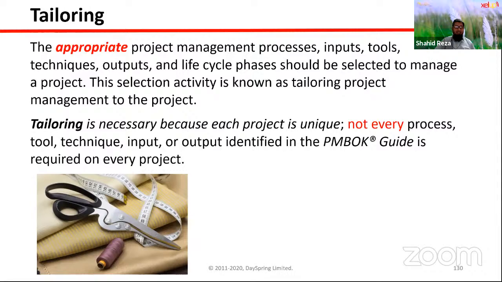There is no hard line that you have to use everything as mentioned in the PMBOK. So this is known as tailoring. Before starting the project with your expert team, you have to tailor how detailed you are going to use all the processes, or whether you will use all of them, or maybe avoid some. That is not a problem. You always have the opportunity to tailor the processes and the knowledge areas as per your requirement.